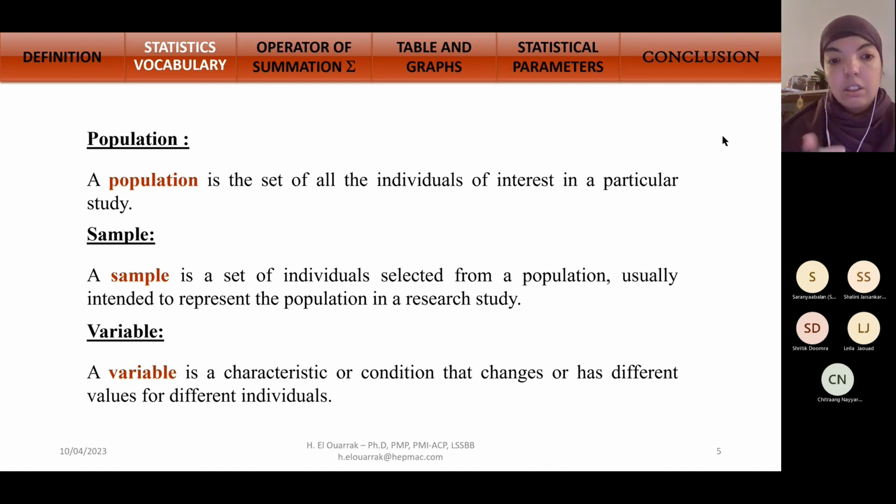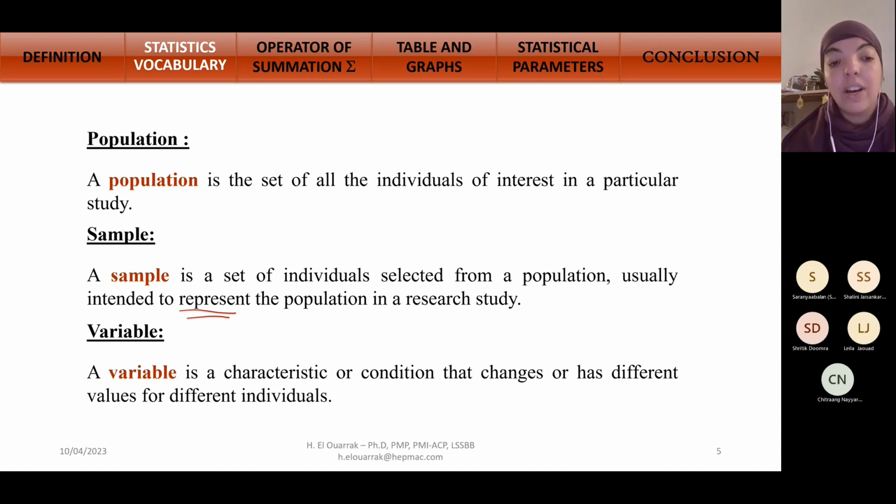As I mentioned before, the word, and let me just highlight this, represent, is a very important keyword, because the way a sample can represent a population is very specific. So there are methods for selecting individuals for a sample, and that will be covered in the future, but not in this first part.